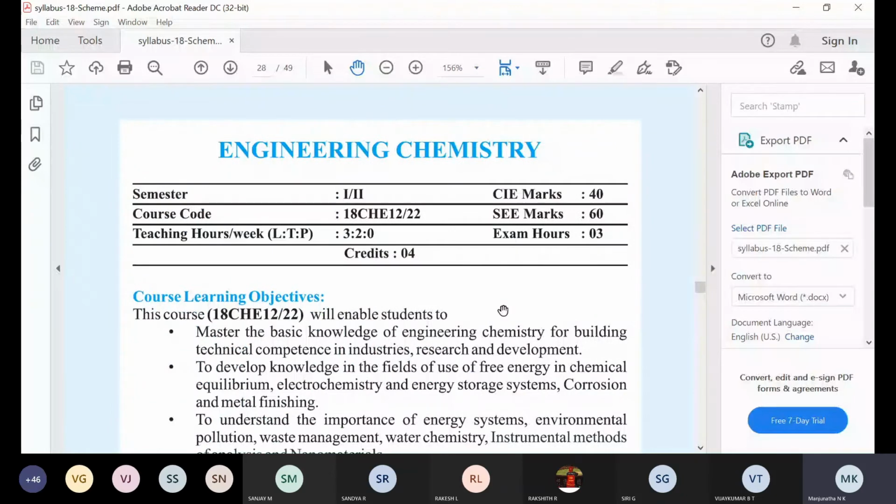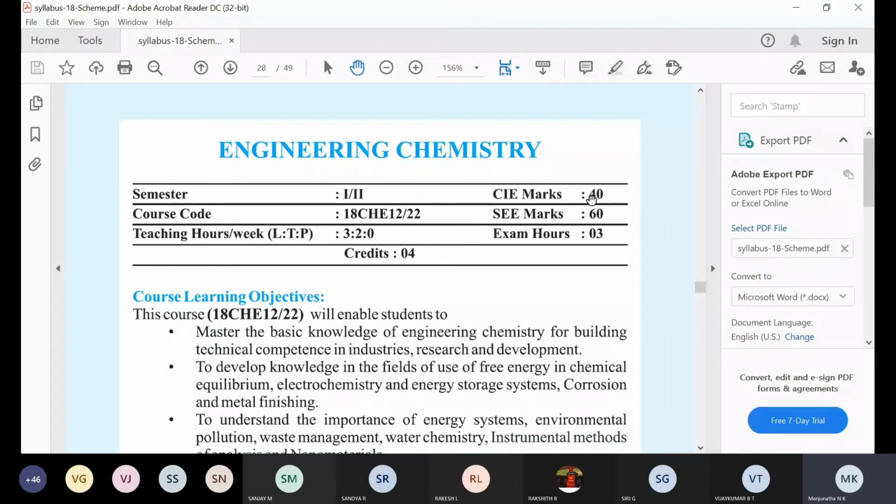After the engineering chemistry syllabus, coming to the marks distribution. I already told you the engineering chemistry syllabus is a 100 mark subject. 40 marks are internal assessment and 60 marks are external examination. Coming to the first 40 marks of internal assessment, as you already know from the first semester, we are going to conduct 3 internal tests for 50 marks.